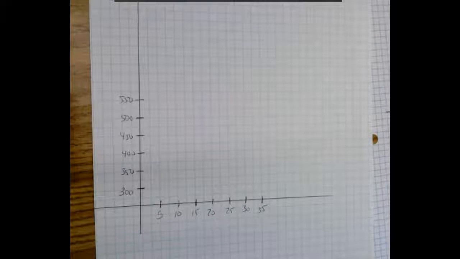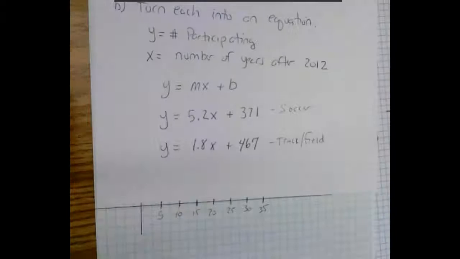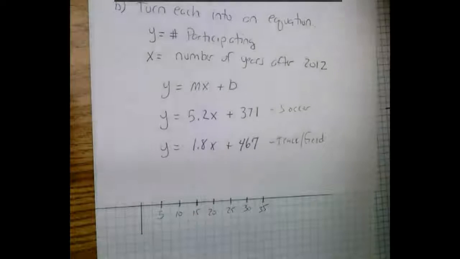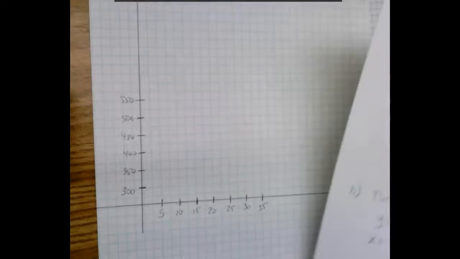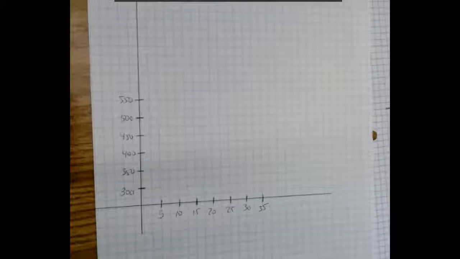So this is the graph I set up. The ranges for y and x, and then I'm just going to take those two equations. Let me grab them here. So I have y equals 5.2x plus 371, okay, and I'm just going to plug in a few numbers here just to see what'll work.